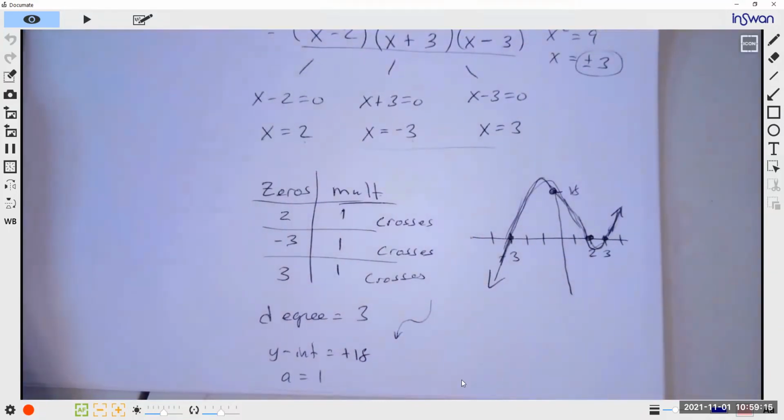Let me see, let me find another example here for that type.